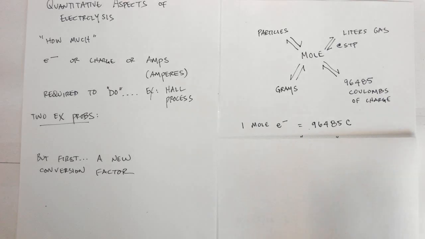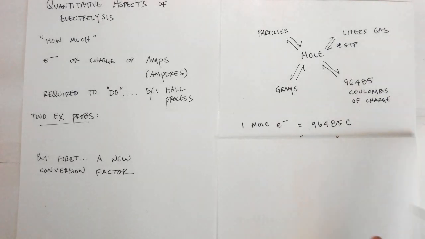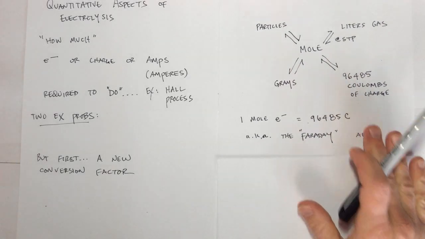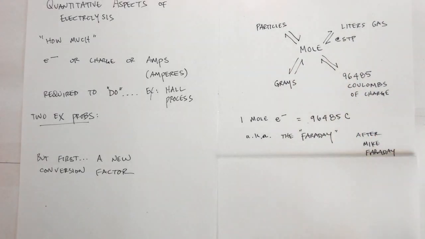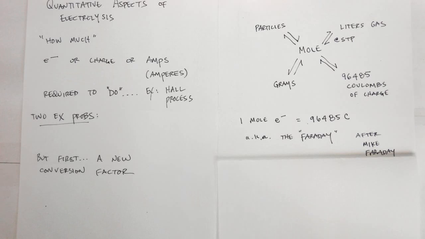This relationship between moles of electrons and amount of charge is called the Faraday. Just like we call a mole Avogadro's number, this number is called the Faraday number.